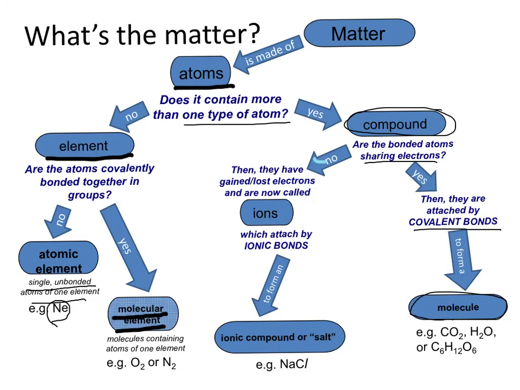If they don't share electrons, then instead they have gained or lost electrons and are now called ions, meaning that they have a positive or negative charge. These positive or negative particles are attracted to each other and form ionic bonds, and they do so to form a salt or an ionic compound, such as sodium chloride, which is table salt. So next time you're wondering what some matter is, use this flowchart to help you, and you should be all set.